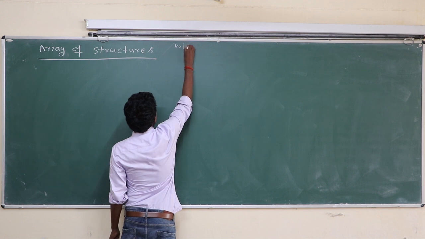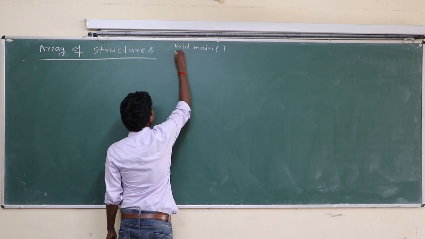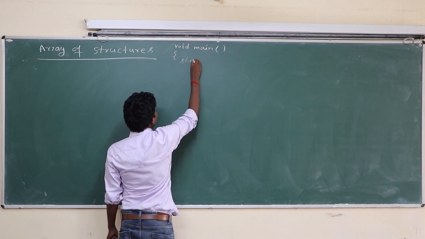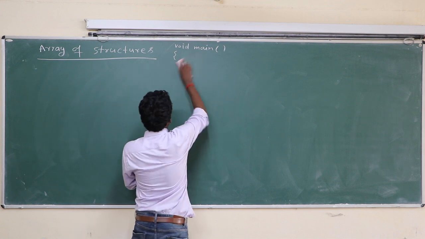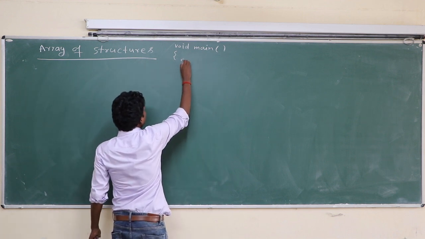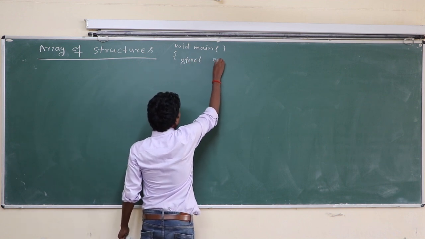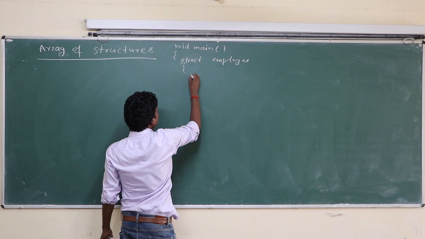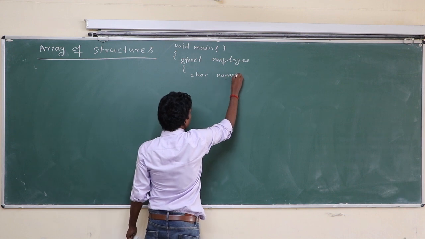void main. struct employee. Here char name of employee.